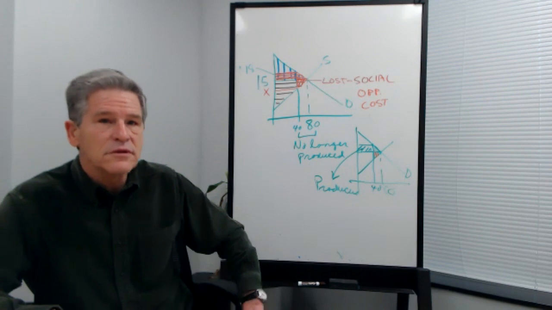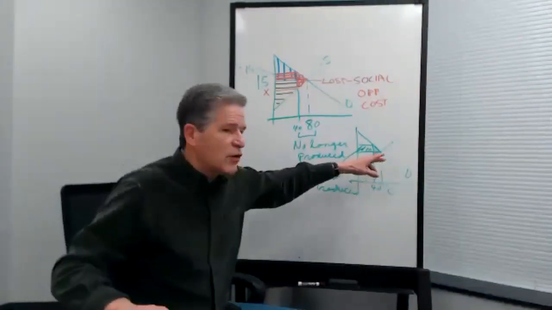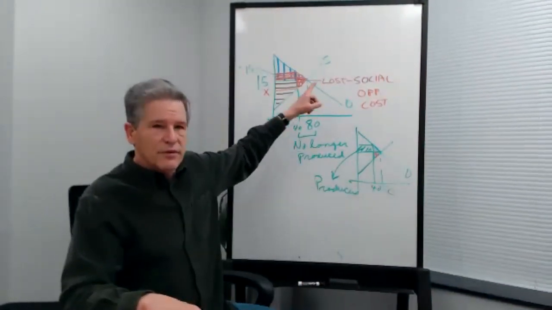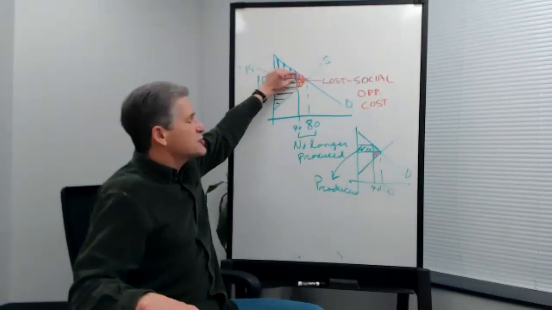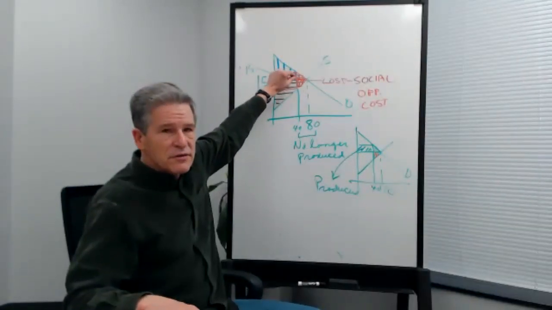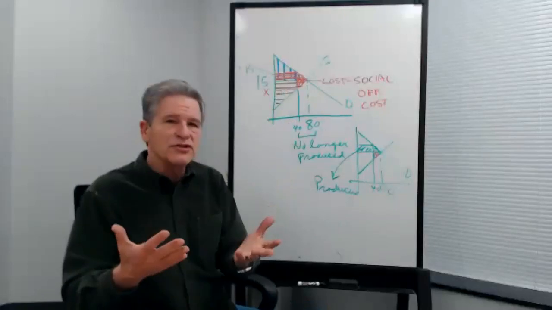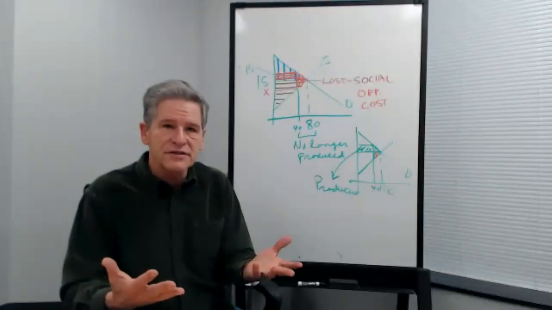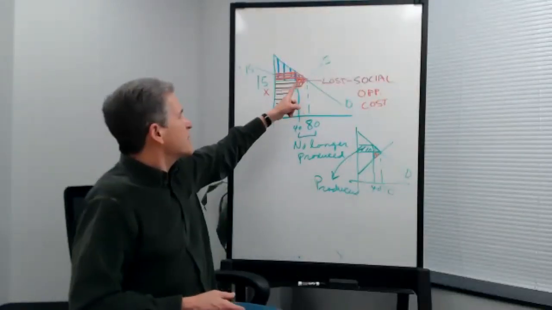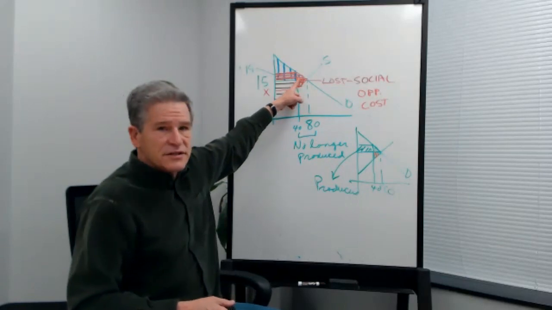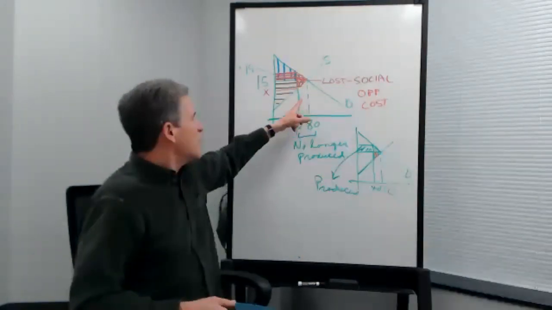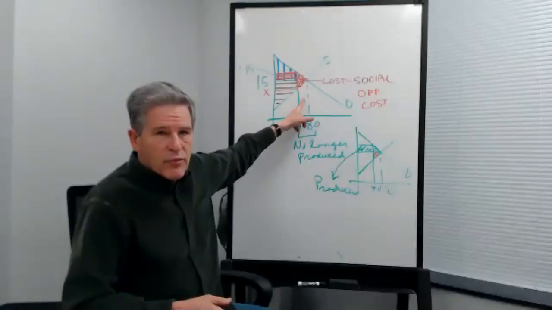Yes. The opportunity cost asks, what did society give up in order to get this extra producer surplus up here? We want to measure the value of what society lost. And what did society lose? It lost this. You say, what about that area under the supply curve? Why isn't that a part of it?